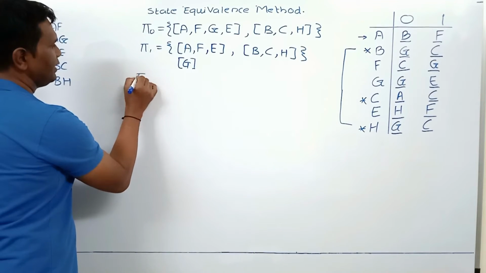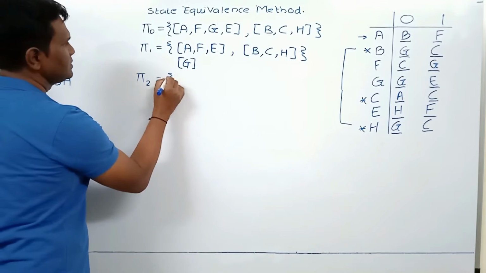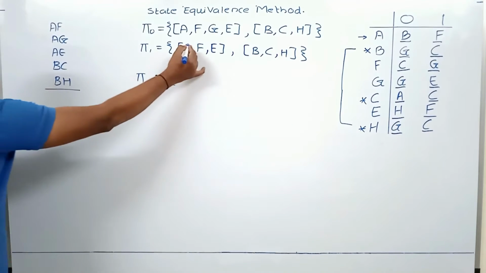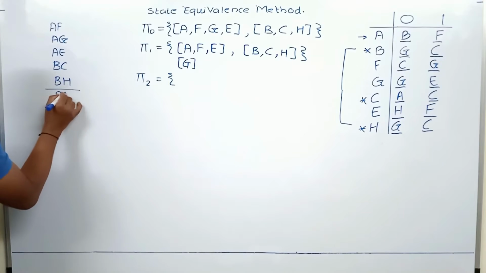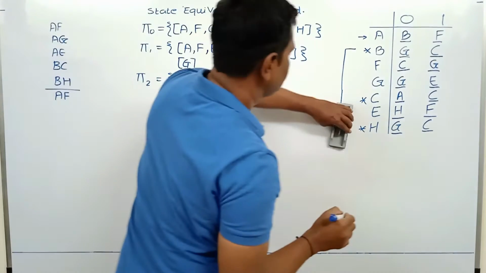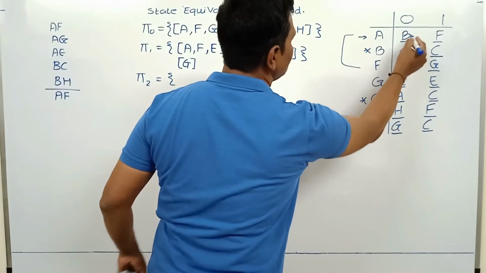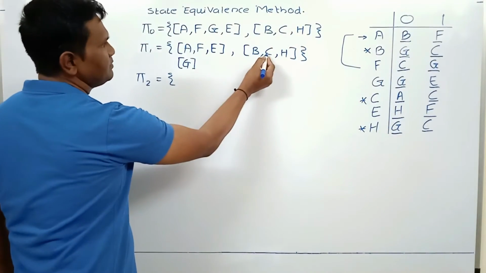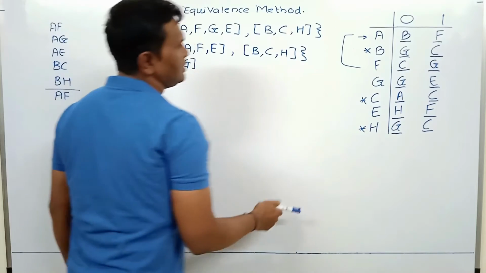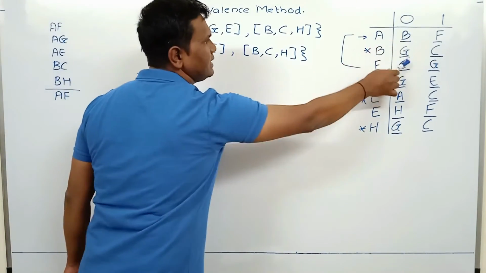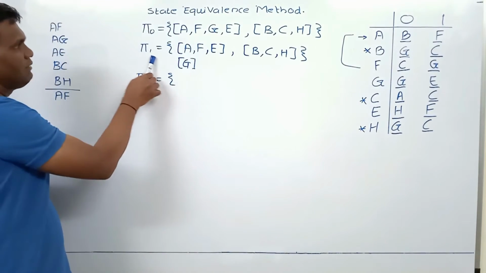Now consider two equivalent. We start with A and F. B and C are in the same group. Right now we are calculating two equivalent, so we have to check whether B and C are in the same group in one equivalent, not zero equivalent. B and C are in the same group in one equivalent.